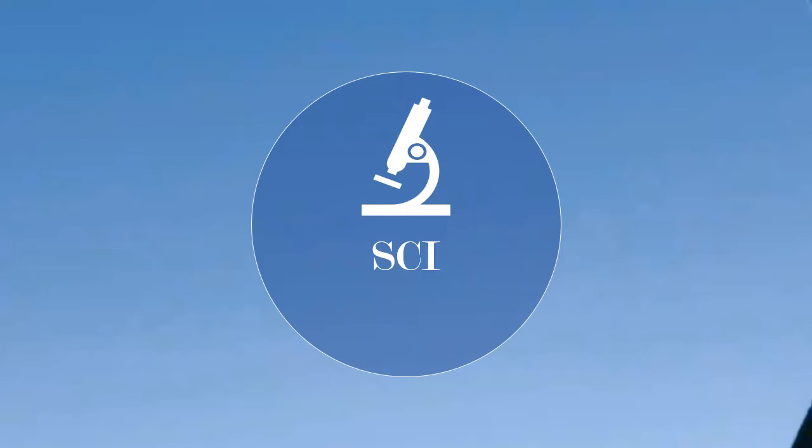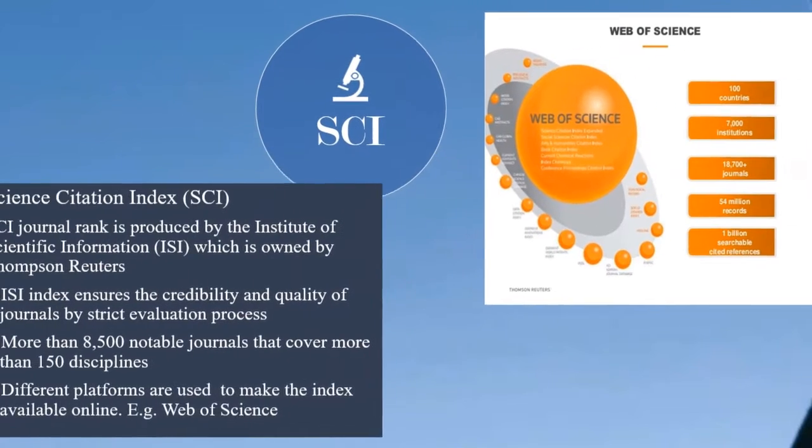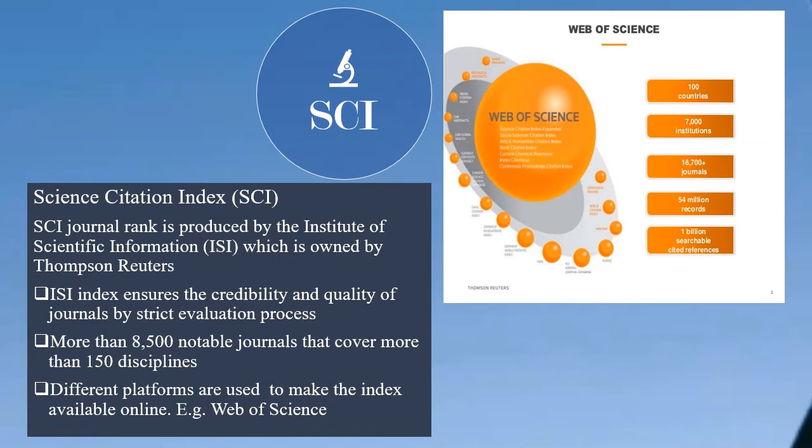Another term similar to SJR index is SCI. Let's move on to this term. SCI, which is another tool of evaluating a journal, is known as Science Citation Index. SCI journal rank is produced by the Institute for Scientific Information, in short ISI, which is owned by Thomson Reuters.